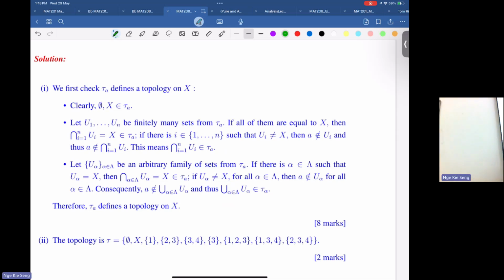When you take union or intersection, sometimes if your choice includes the whole X, then maybe the union becomes easier, or maybe the intersection becomes easier. So you need to discuss that. There's a subtlety here: you need to discuss when you take arbitrary union or finite intersection, if the collection has the whole set, what do you do?